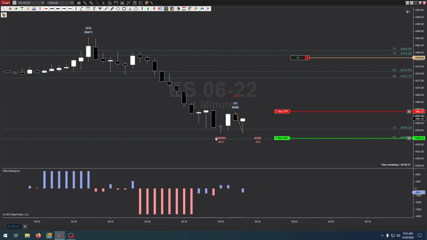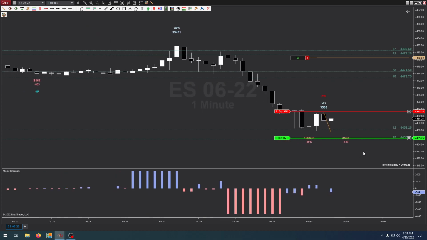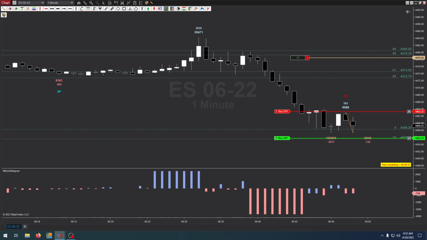Now we have divergence right here. So it cost me a little bit by being a little more aggressive on my target, it looks like. That's what happens at times. Can we get a little bit of supply come in, just a little bit, to get here?